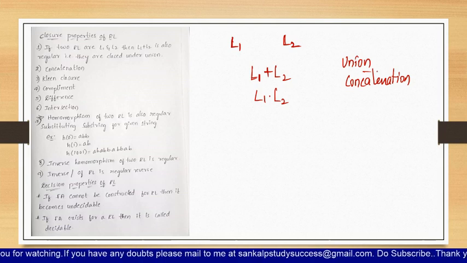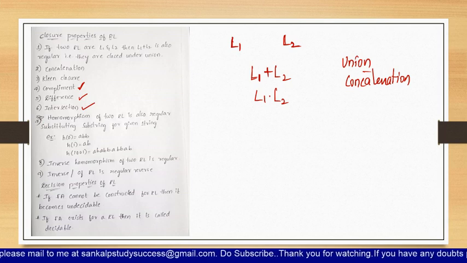If L2 is a regular language, then L2 asterisk will also become a regular language. So that means they are closed under Kleene closure. Now, coming to the fourth one, they are also closed under complement, and they are closed under difference and intersection also. And the seventh one is that they are closed under homomorphism and also inverse homomorphism.